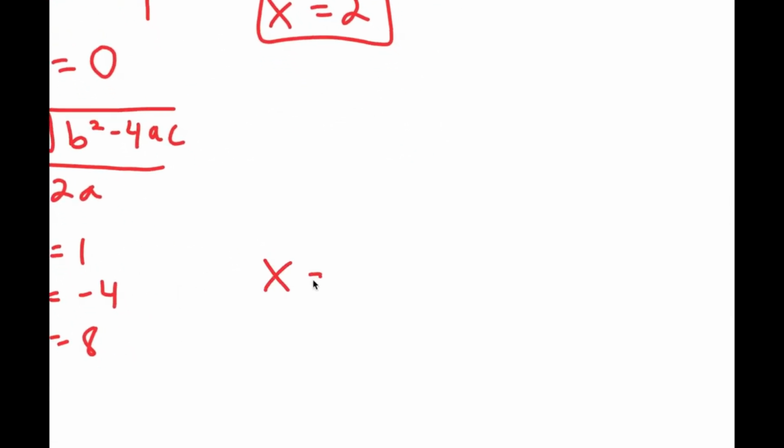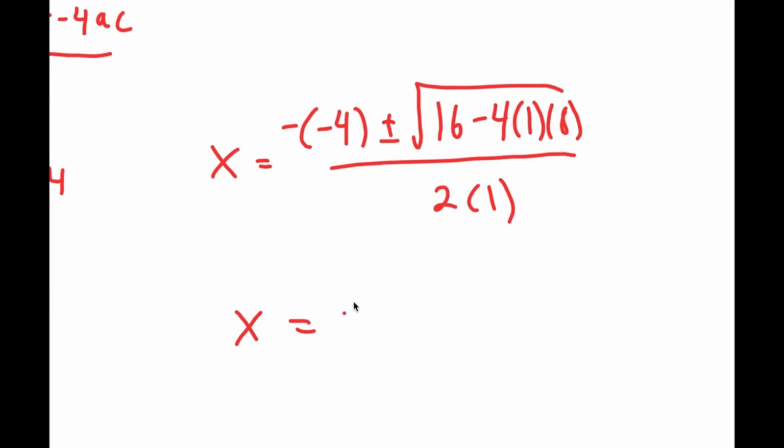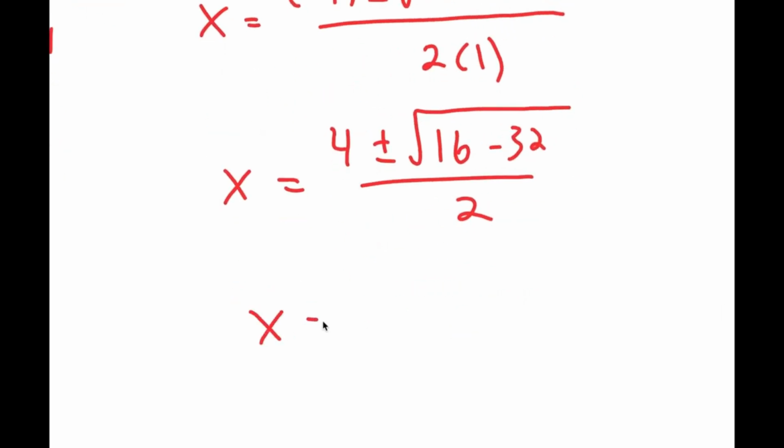So I have x is equal to negative of negative 4 plus or minus the square root of b squared, so negative 4 squared, which is 16, minus 4 times a, which is 1, times c, which is 8, all over 2a, so 2 times 1. And this turns into 4 plus or minus the square root of 16 minus 32 over 2, which turns into 4 plus or minus the square root of negative 16 over 2.